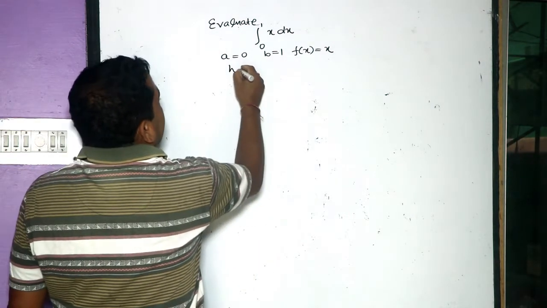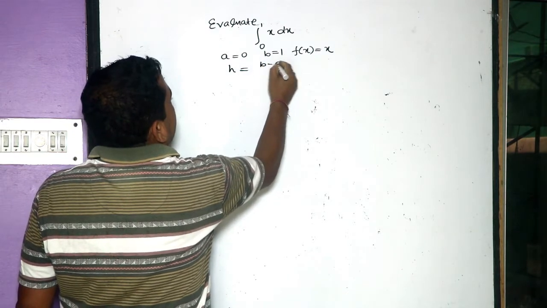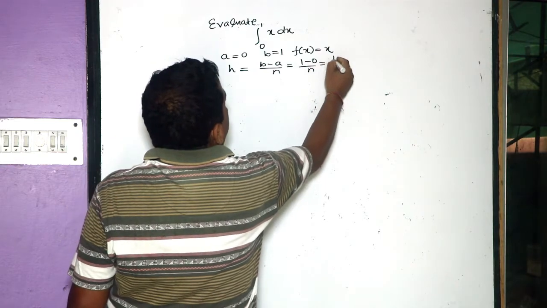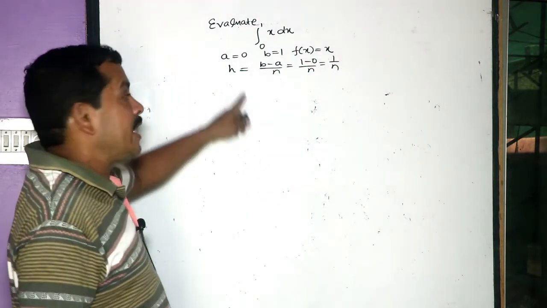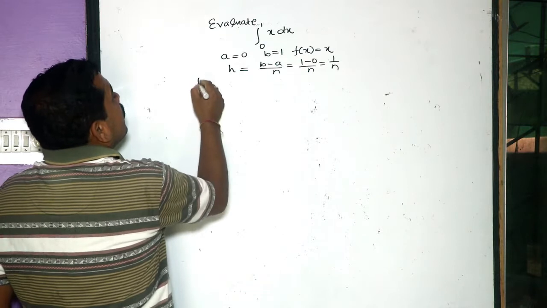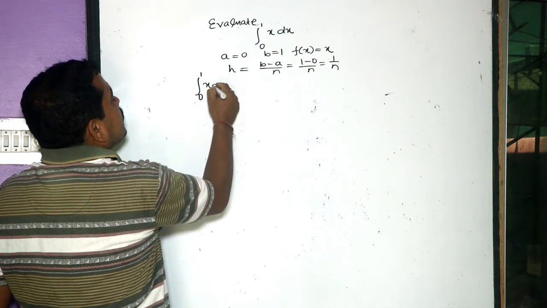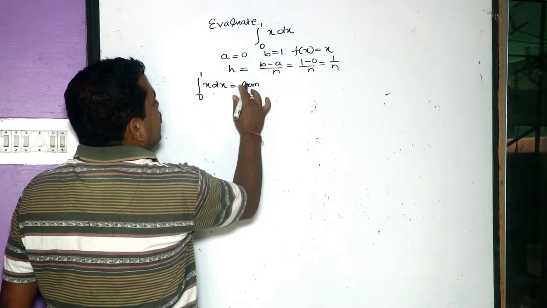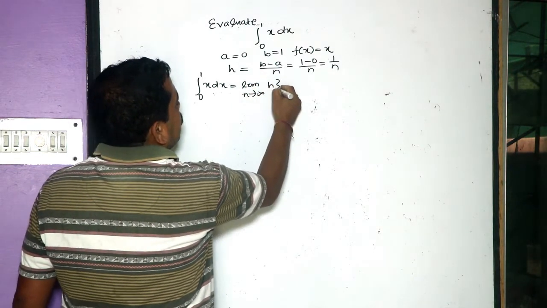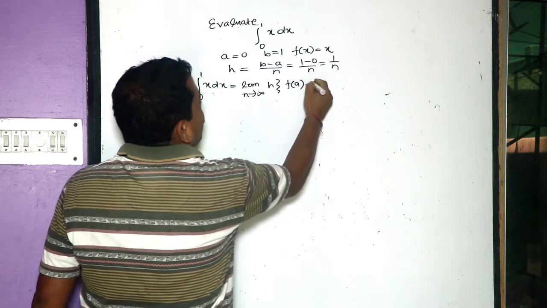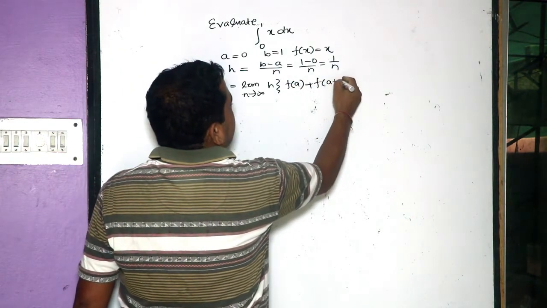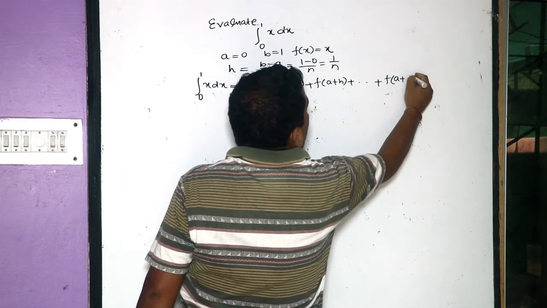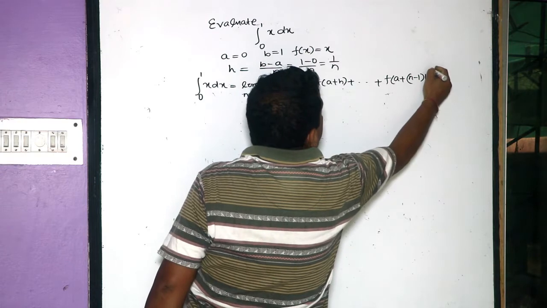Now h equals (b minus a) by n, that is (1 minus 0) by n, or 1 by n. This is h. Now the integral from 0 to 1 of x dx will be limit n tends to infinity h into [f of a plus f of a plus h plus dot dot f of a plus (n minus 1) into h].